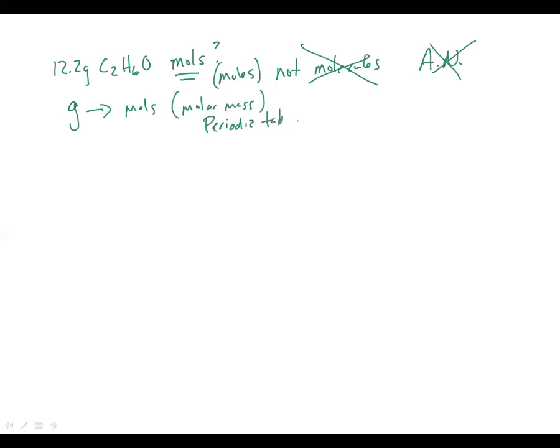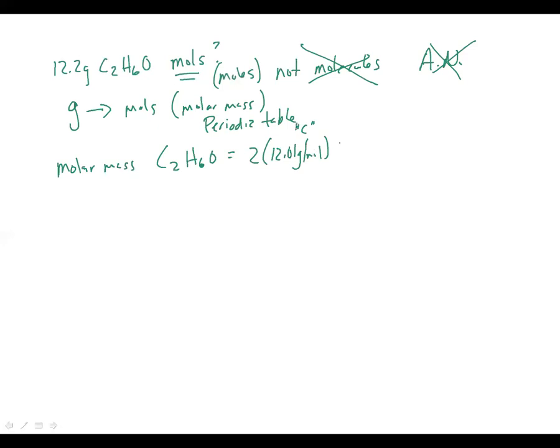That is our conversion factor to do that. So just like before, we need to get the molar mass of C2H6O. So again, from the periodic table, we're just going to add up all the parts. And that means that we would have 2 times 12.01 for carbon.